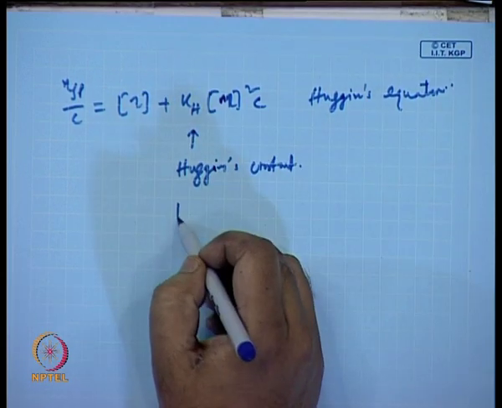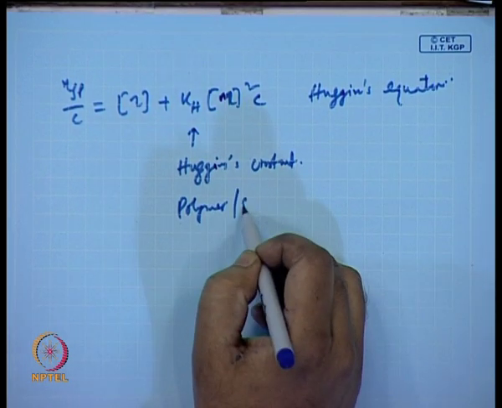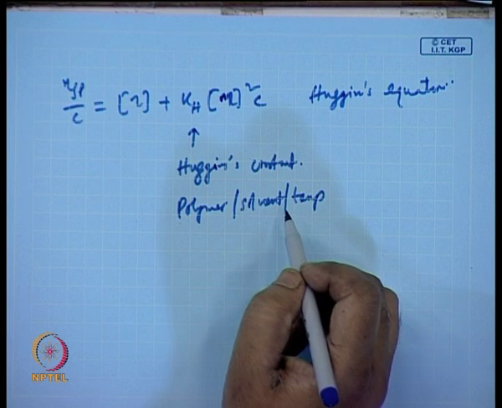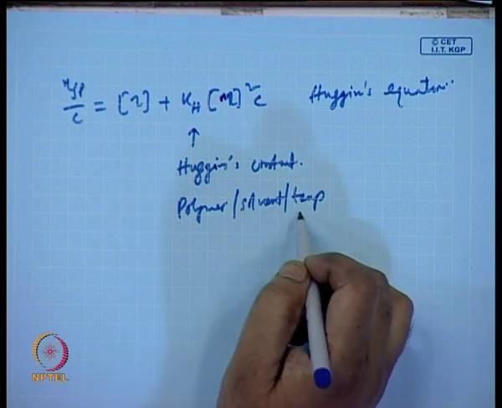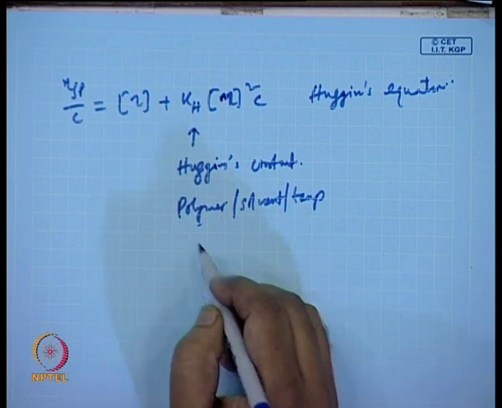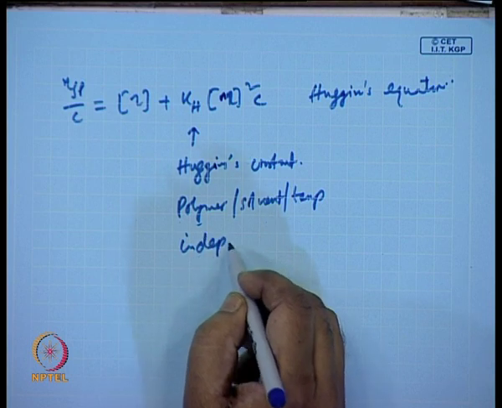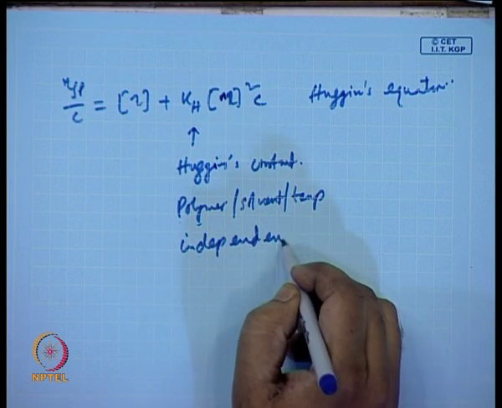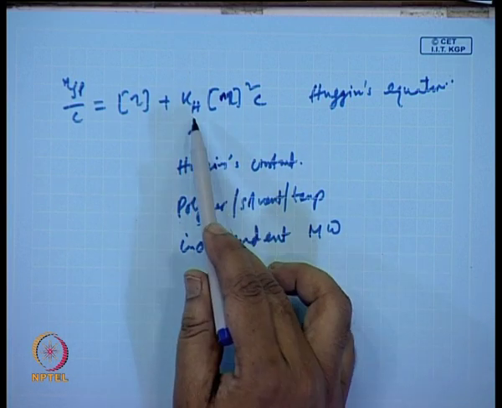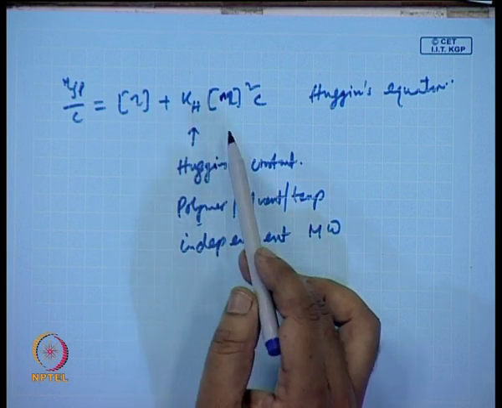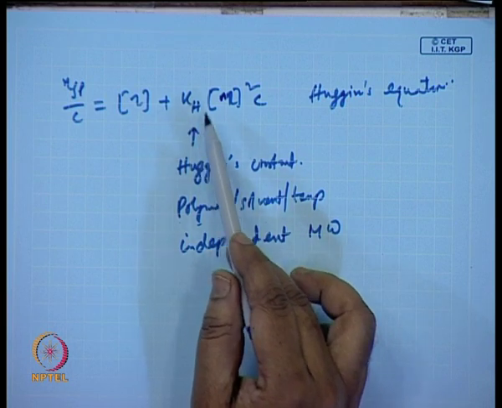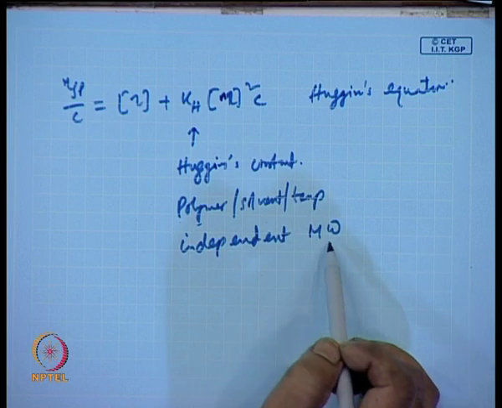Now, this is constant for a particular polymer, solvent and temperature system. If you change any of these three, polymer, solvent or temperature, the value of KH will vary; it is, of course, independent of the molecular weight of the polymer. So, you can use this for a mixture of polymers or an inter-polymer distribution, because it is independent of the molecular weight.